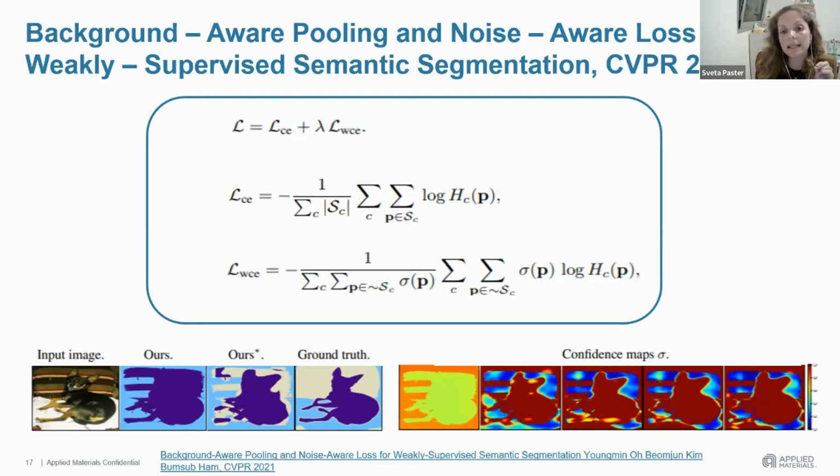So in this paper, they tackle the annotation problem from both sides: refining the annotation by a classification network, because we have image level information, and also during the segmentation training.